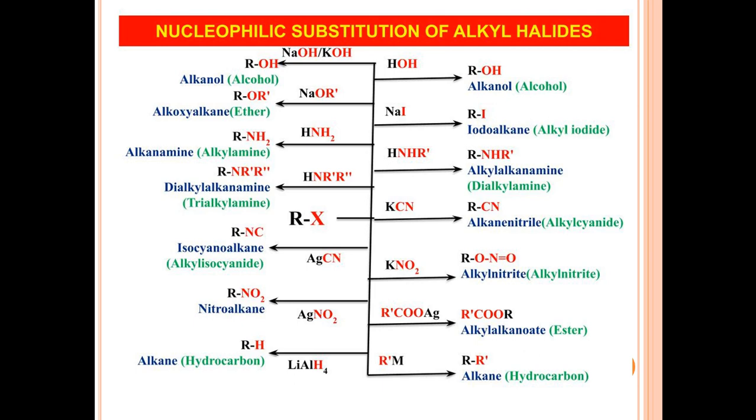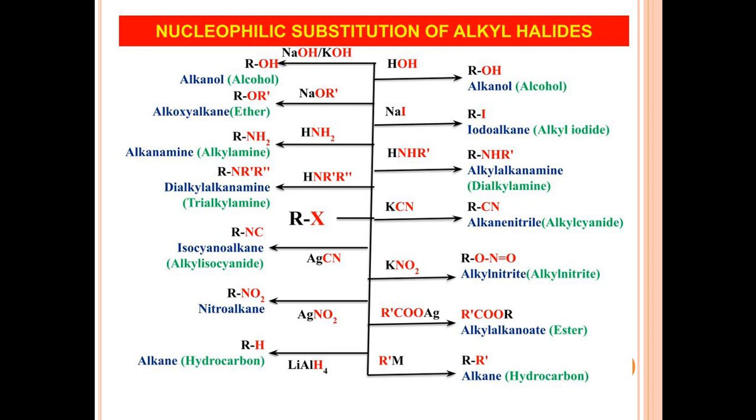If the alkyl halide reacts with sodium alkoxide, it will give us alkoxyalkane, that is the class of compound ethers. So we can prepare alcohols and ethers by using these reactions.